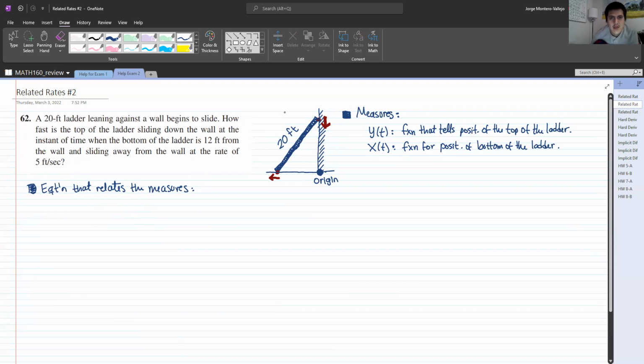But what are the sides and the hypotenuse? Well, for here we chose y of t, right? And for here, we chose x of t. And the hypotenuse is 20. So then the equation is 20 squared is equal to x of t squared plus y of t squared.